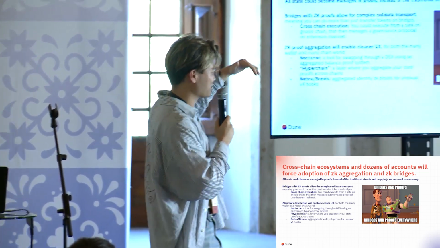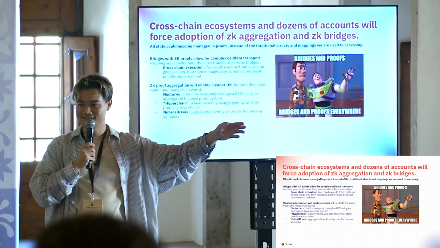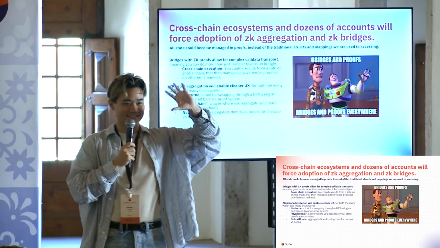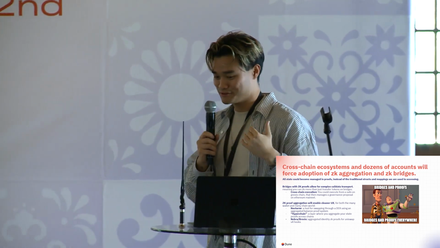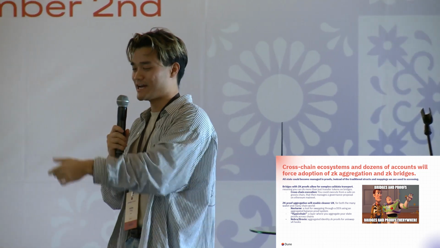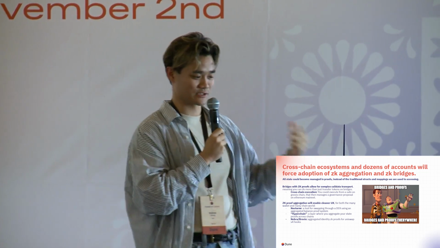You also have this aggregation for identity. So who here knows Uniswap V4 has hooks? Maybe, yes, no. Uniswap V4, their DEX protocol, allows you to execute logic before and after the swap, basically checking that certain things are happening so that the swap goes through.